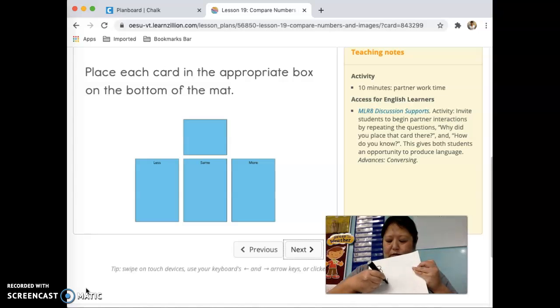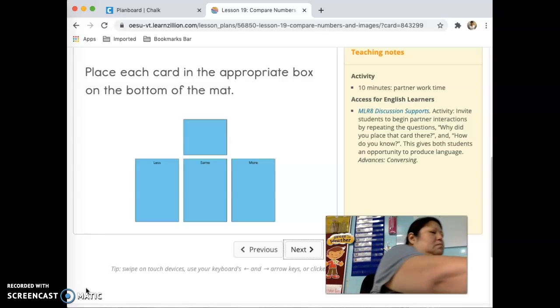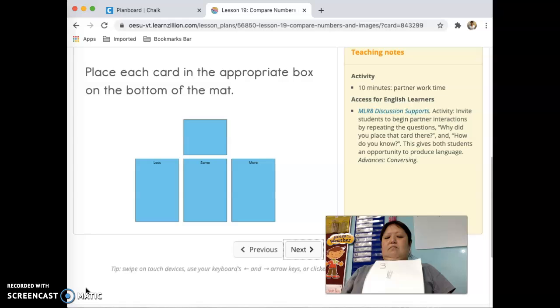Another way would be to use tally marks. So there's a second way to show the number 3. I could also show the number 3 by making stars. So I could make a group of 3 stars. Okay.